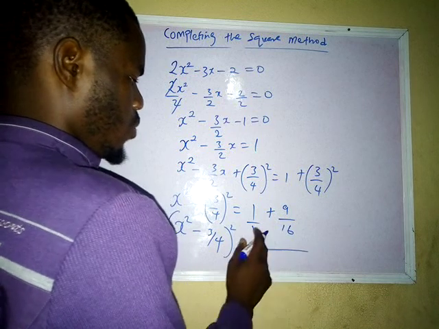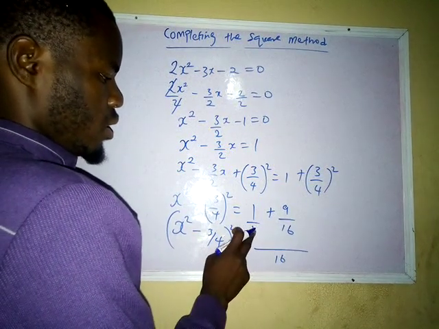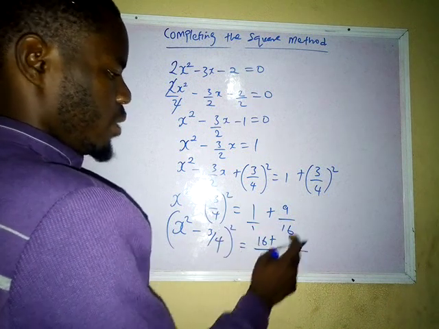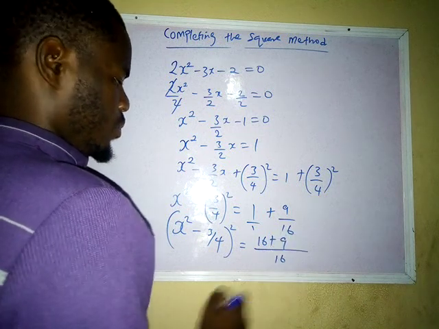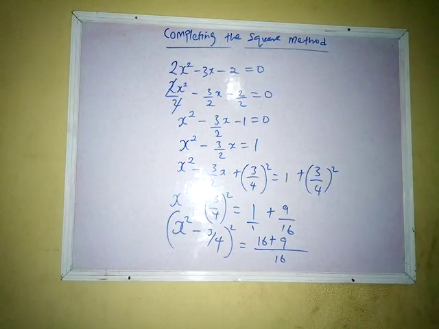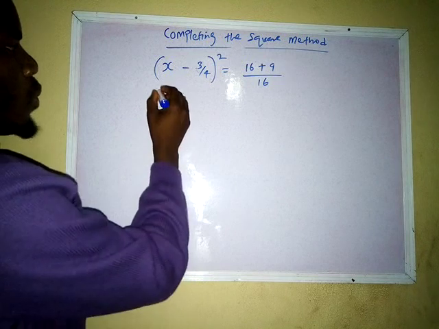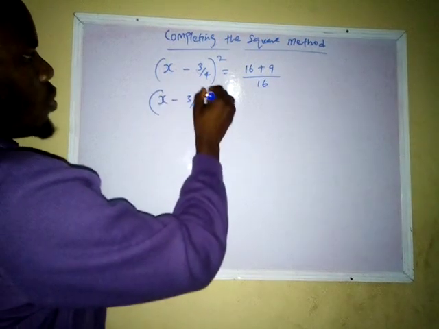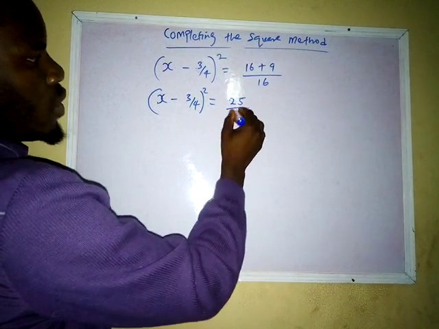The LCM of 1 and 16 is 16, so 16 divided by 1 is 16, 16 times 1 we have 16, plus 16 divided by 16 is 1, 1 times 9 is 9. Good. So let's continue. We have x minus 3 all over 4 all squared. We know that 16 plus 9 is 25 all over 16.